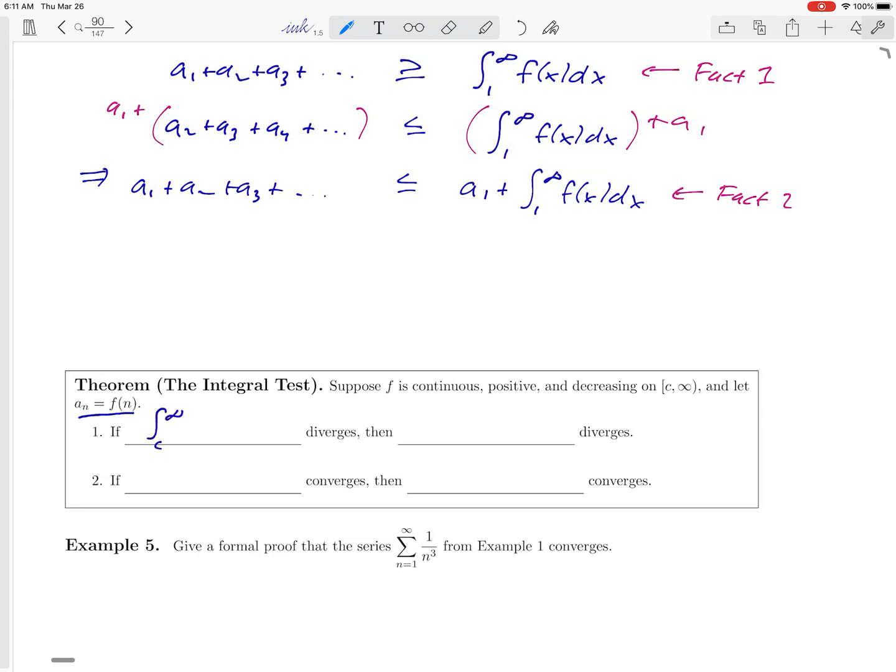Here's what the first part of the integral test says. If you have the improper integral of f of x, and you know that it diverges, then the series an also has to diverge. In other words, if the integral behaves in a way, the series has to behave in the same way.